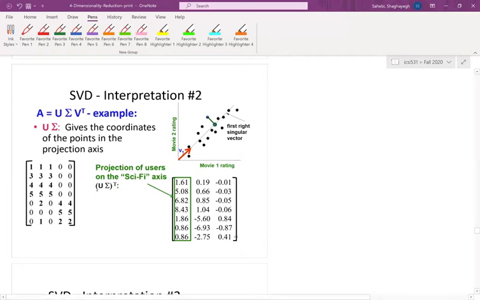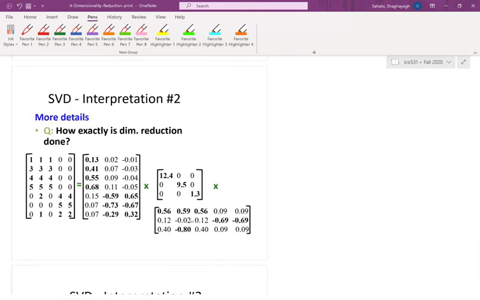So multiplication of u and sigma are going to be our projections into sci-fi axis, which is basically how much similar each user is to the sci-fi axis multiplied by the variance or importance of the sci-fi axis in our data. Okay.